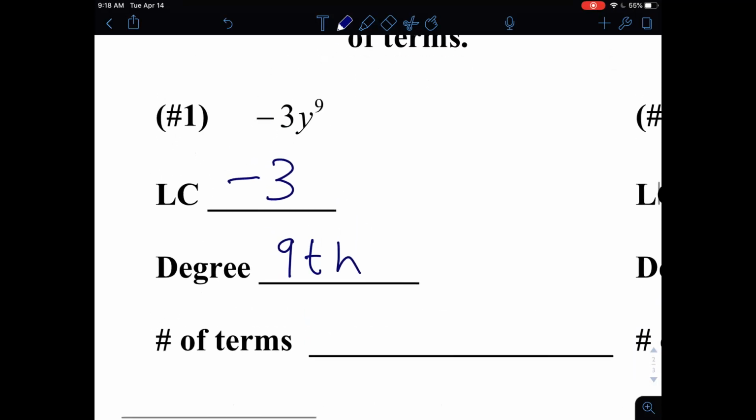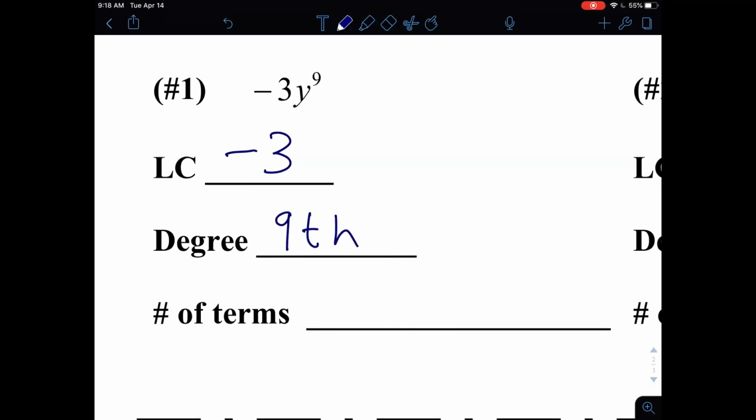And then how many terms do we have here? It's just negative 3y to the 9th, so it should be one term. What's the name for one term of a polynomial? Yep, it should be called a monomial.